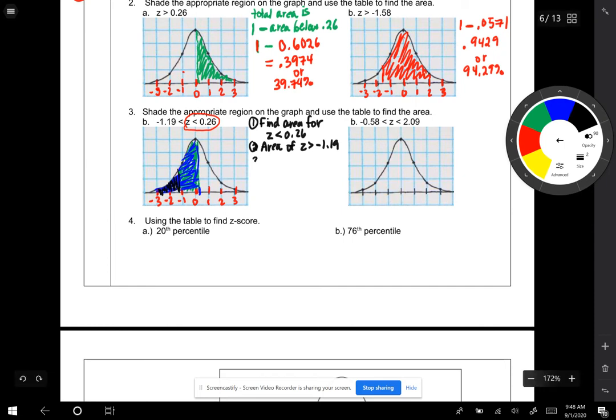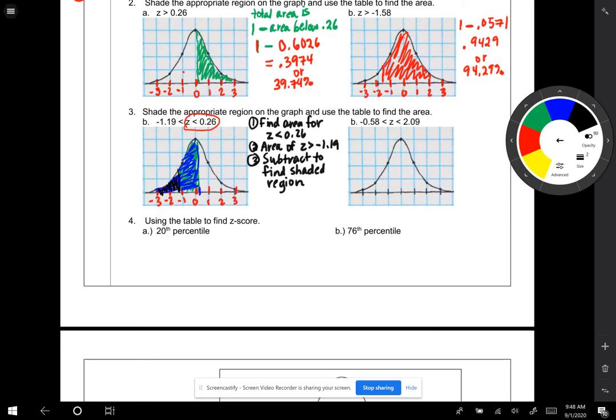And then 3, subtract to find the shaded region. I remember doing this in geometry when you had to find area of some curve, you had to subtract.